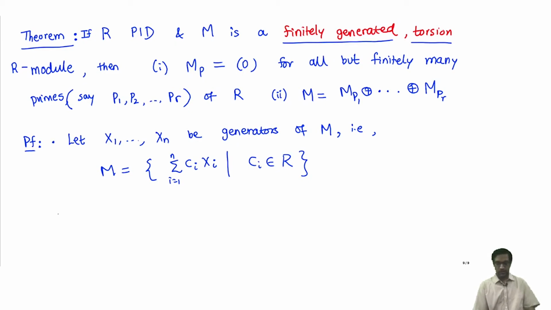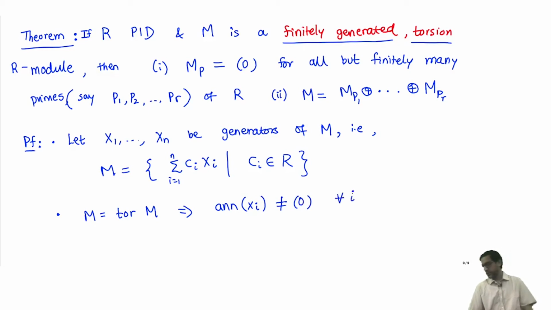Now let me use my second assumption. I'm also given that M is a torsion module. In particular, it means that each of these generators is a torsion element. Which means that each generator xi has a non-zero annihilator, right? It's got at least one non-zero element which annihilates it. And remember, in this case, I have assumed that R is a PID, a principal ideal domain.